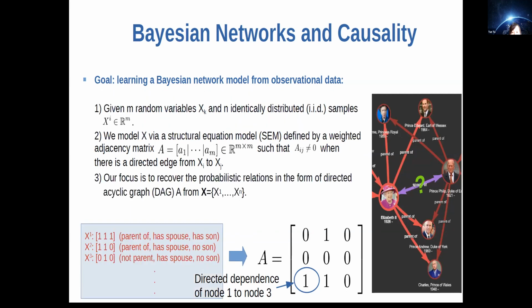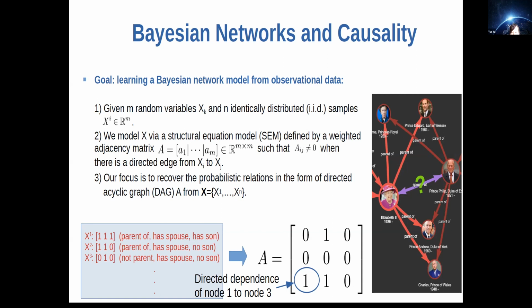So now the mathematical problem becomes the following: given n random variables, those are the entities, and given n IID samples of those random variables, what we want to learn is the directed acyclic graph between those random variables, which is characterized by a weighted adjacency matrix.